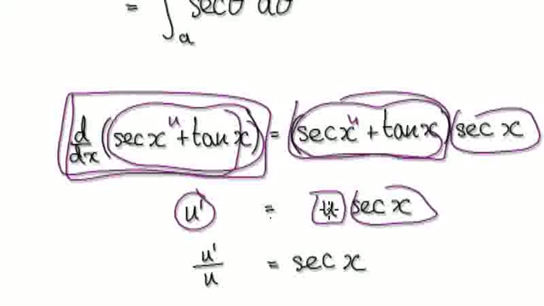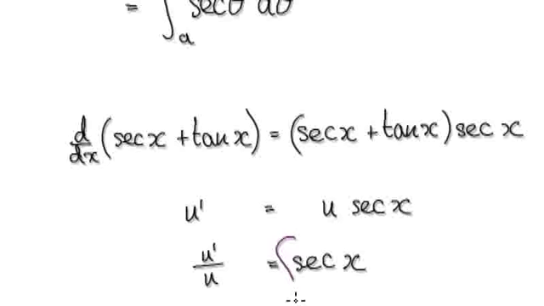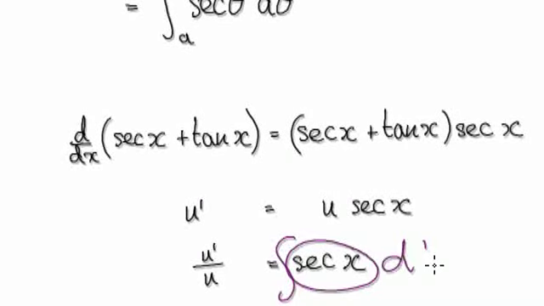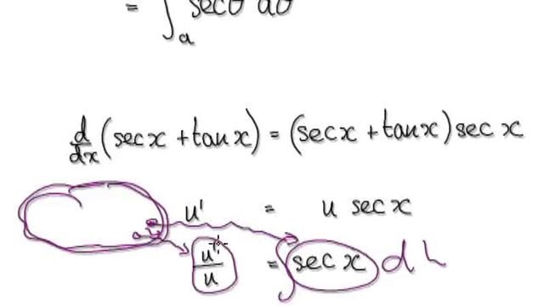So you can say secant of x is this thing here. If you're trying to integrate secant of x, you're looking for something that when you differentiate it, it will give you this.